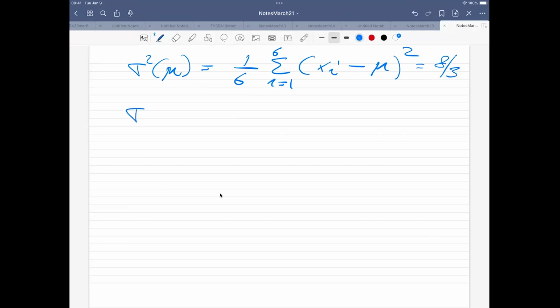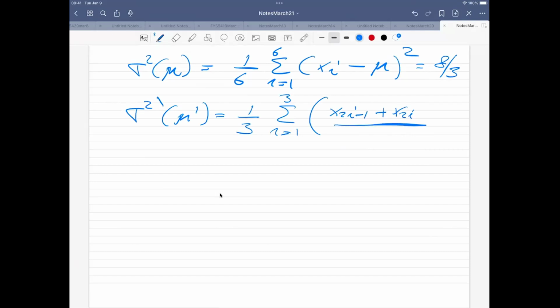If I now do the sigma prime with mu prime, this is 1 divided by 3, and then I have a sum from i equal 1 up to 3 of x2 of i minus 1 plus x2 of i divided by 2, squared, minus mu prime squared.